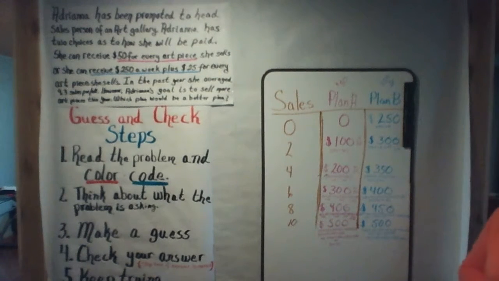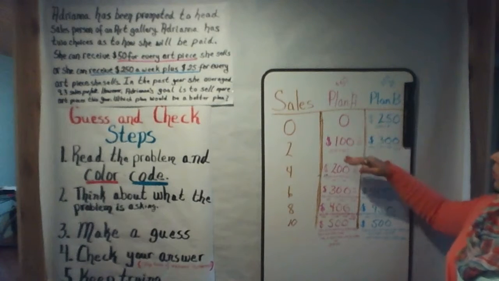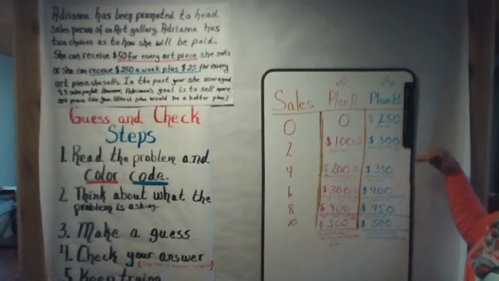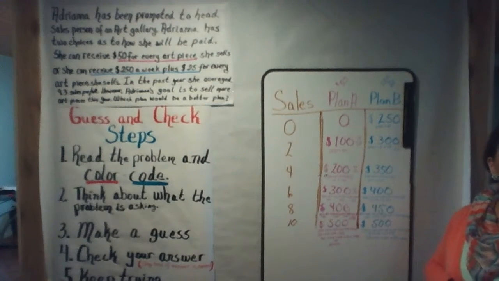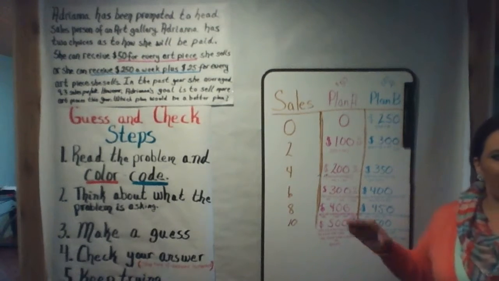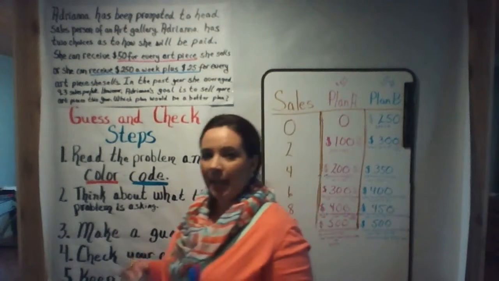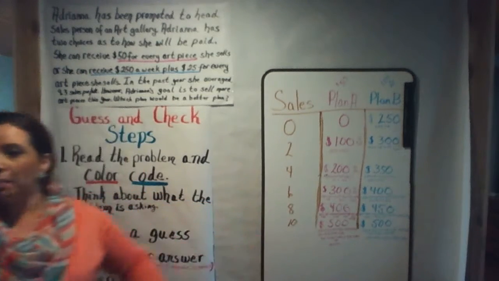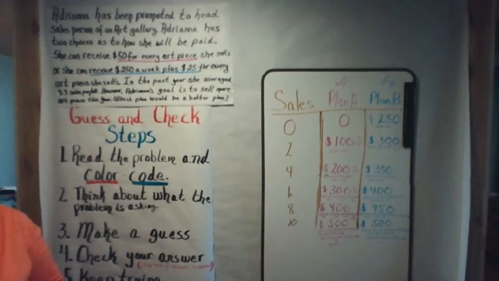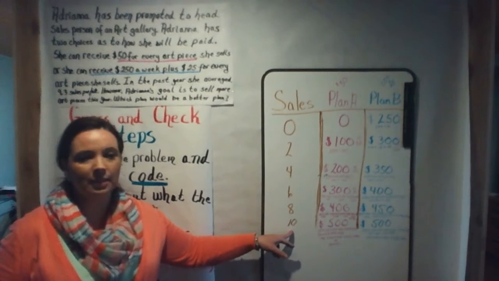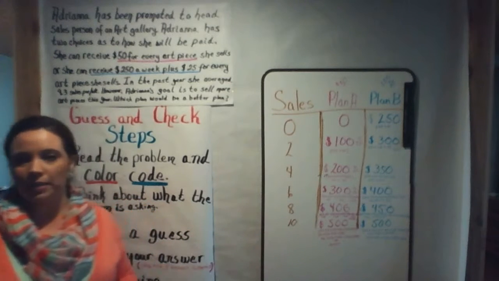Now, if you notice, plan A goes up $100 each time, whereas plan B goes up $50 each time. Okay? So that means that Adriana makes the same amount of money, the $500, under both plans if she sells 10 art pieces.